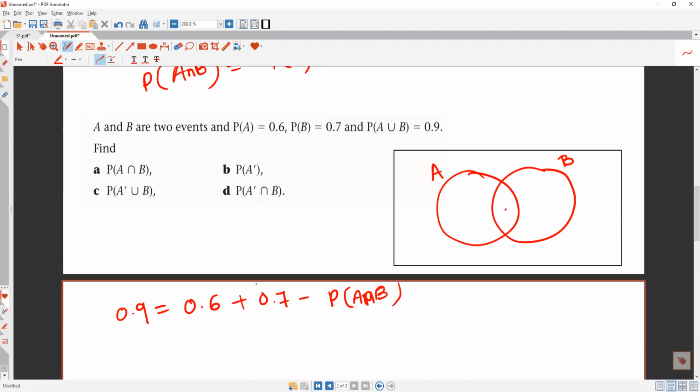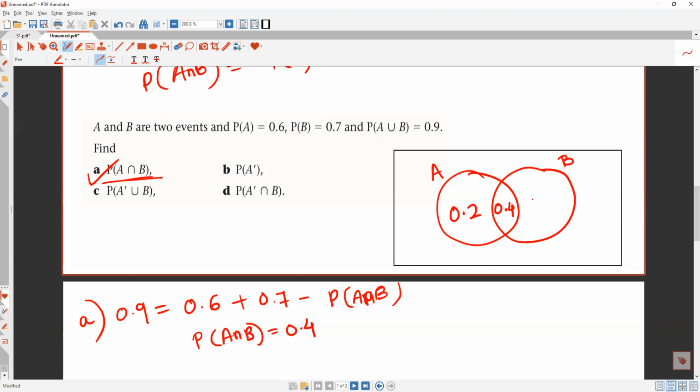Now put this in the calculator: 0.6 plus 0.7 minus 0.9. How much will it be? It will be 0.4. So your P of A intersection B is equal to 0.4. Then the first part is over, because they told us to find A intersection B. Then P of A is 0.6, so this is going to be 0.2.